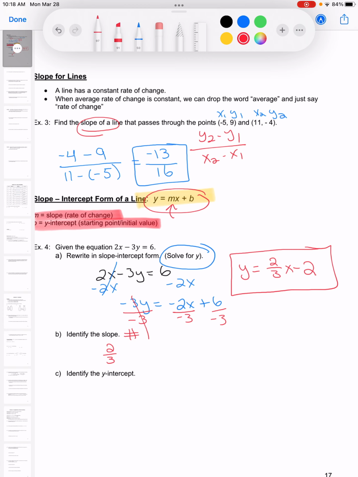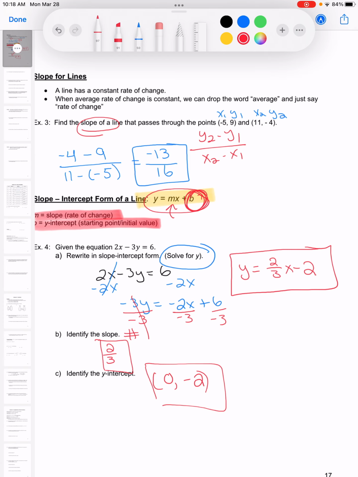It's a lot of times where we start if we're actually going to graph a line. So it is a point, so I'm going to write it as an ordered pair. And it's on the y-axis, so that means the x is 0 and the y-intercept is negative 2. It is the b up here, so it's the negative 2. So that y-intercept is that entire point, like that, (0, negative 2).